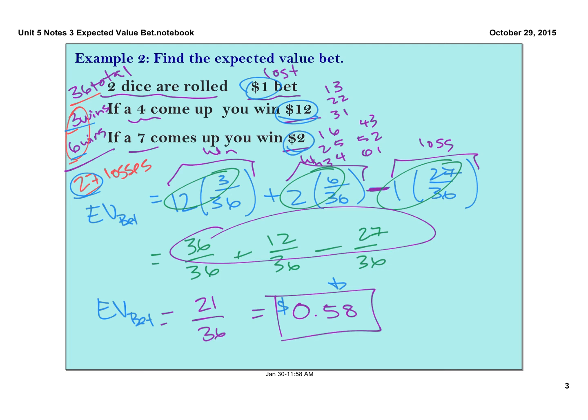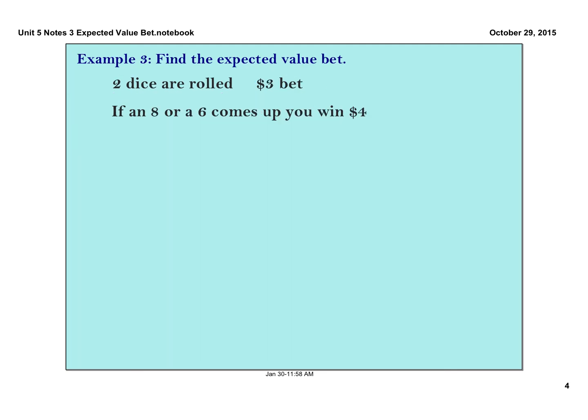All right, so let's take a look at the next example, example 3. 2 dice are rolled, we're back at dice. $3 bet. If an 8 or a 6 comes up, you win $4. So there's really only one payout here, but there's lots of ways you can win because we have to look at 8 and 6. For 8, we have 2 and 6, 6 and 2, 4 and 4, 3 and 5, and 5 and 3, okay?